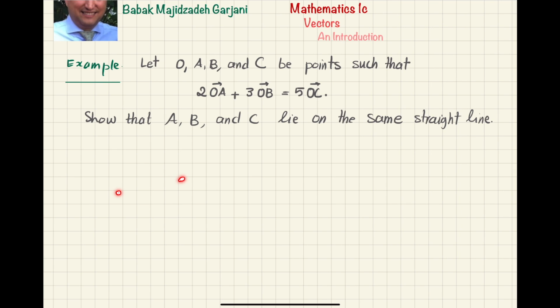Yes, if I have 2 points, definitely I can put my ruler next to them and draw this line. If I have these 2 points, then I can do the same thing with these 2 points. So always 2 points lie on the same line. That is clear. But there is no guarantee that if I have 3 points, they also lie on the same straight line. It might be true or might be false.